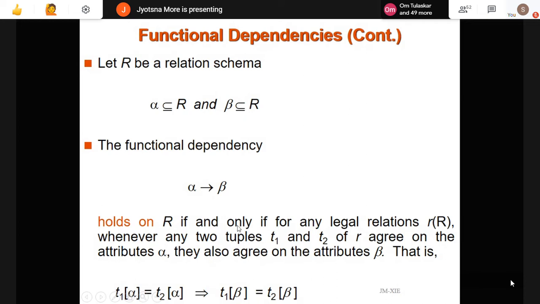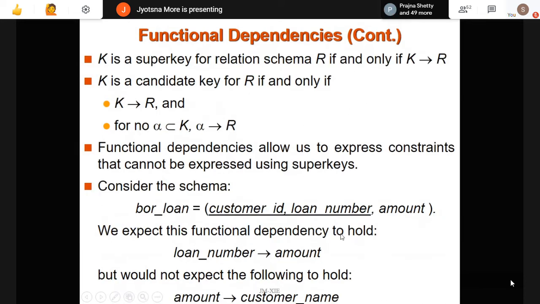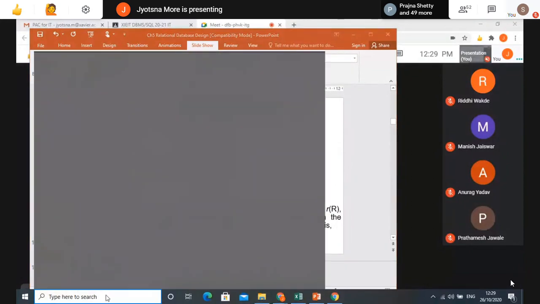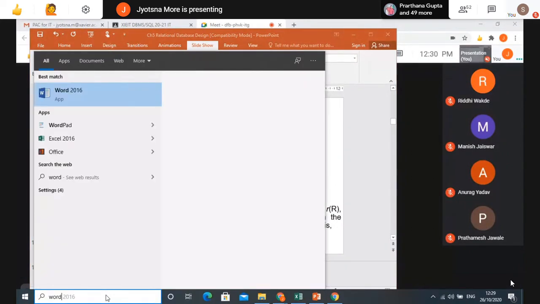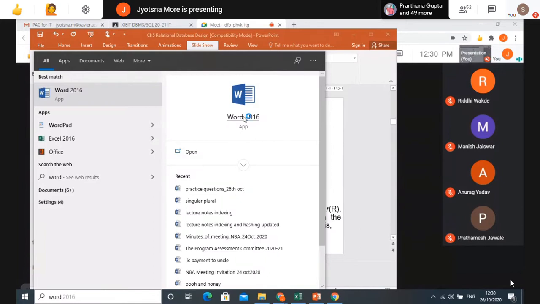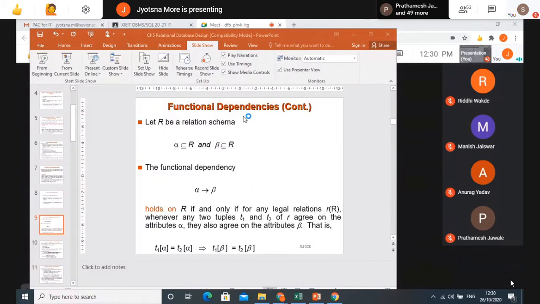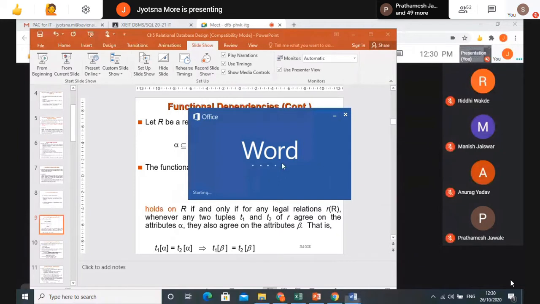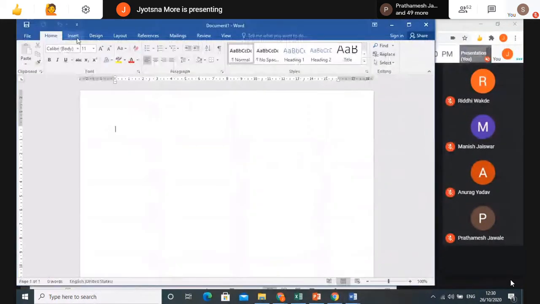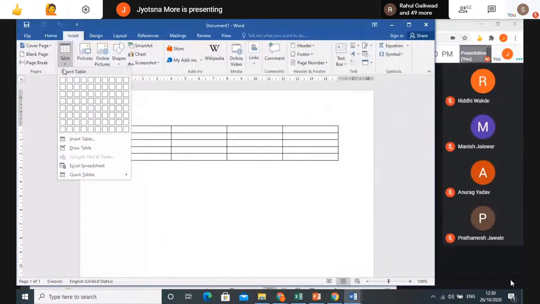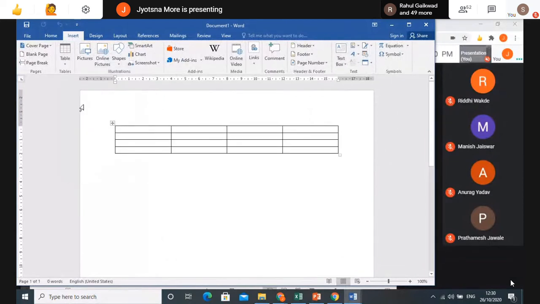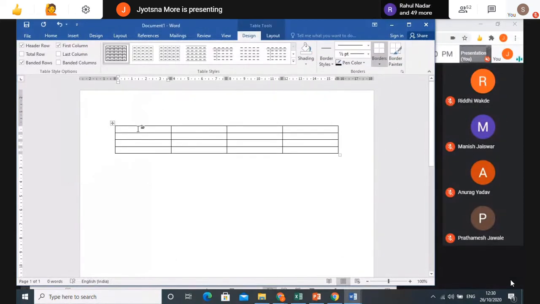So here, what is it? For your understanding, I am just taking one table. Suppose this is one table.